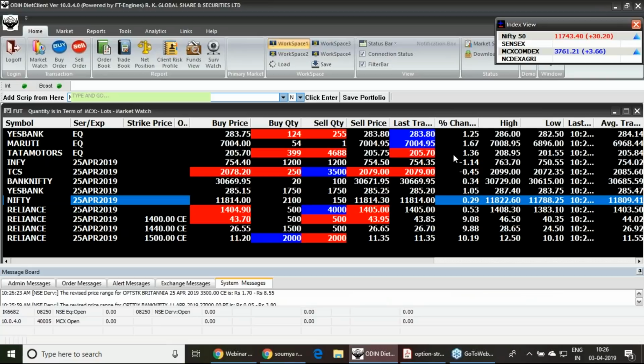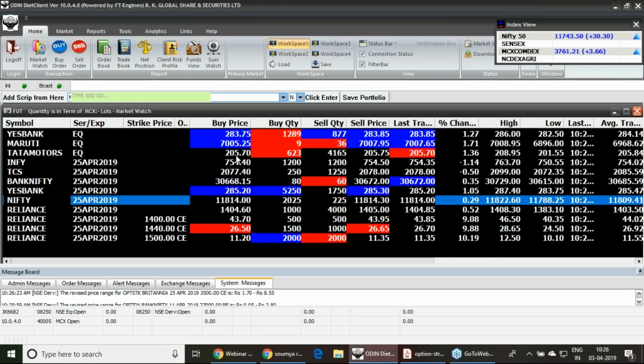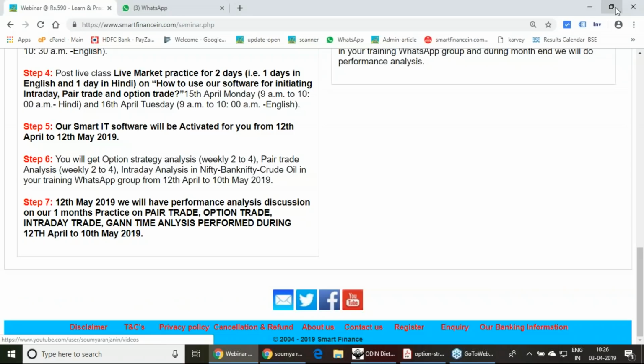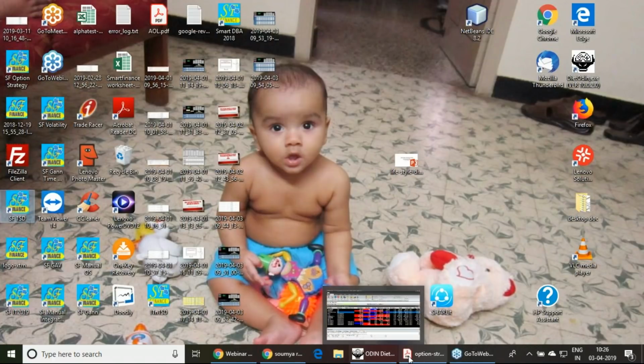Today it is 1.38% up, and it is trading at 205 rupees and 70 paisa. Yesterday it gave a breakout above 200. If I go for one standard deviation and a 5 day move, what the trend suggests is very important for me.